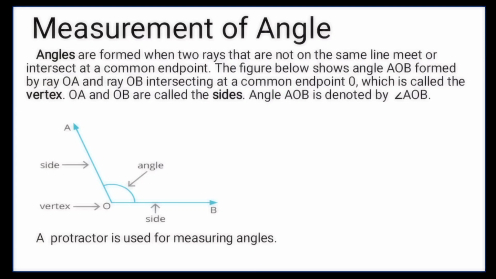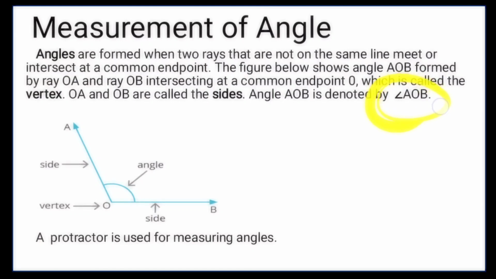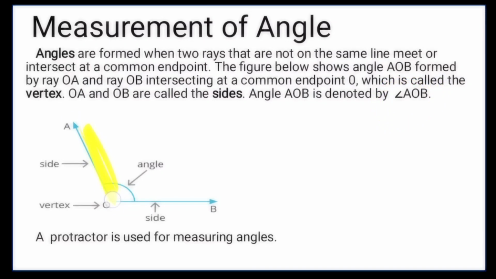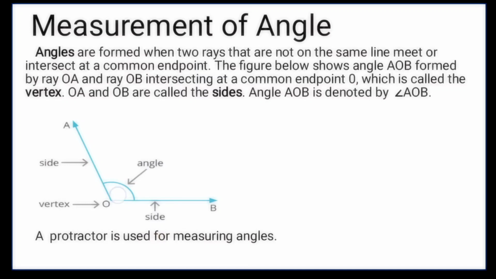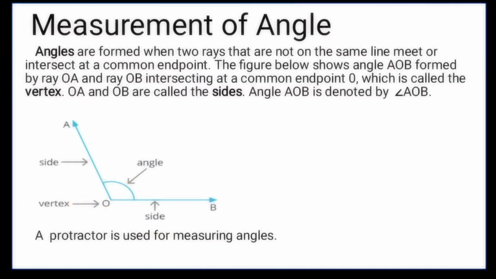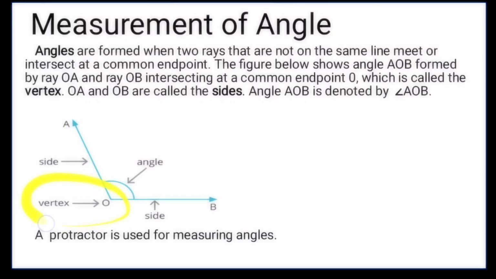Angle AOB is denoted by this symbol, angle AOB. So this ray OA is a side, and this ray is also a side, another side, and this point of intersection of OB and OA is called the vertex. Okay, and that vertex is O.